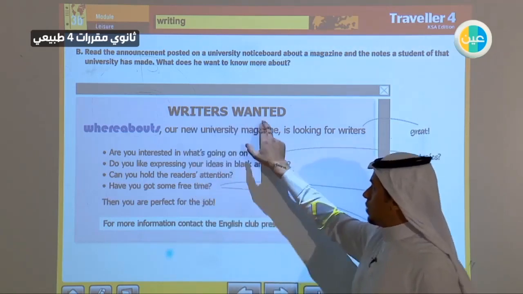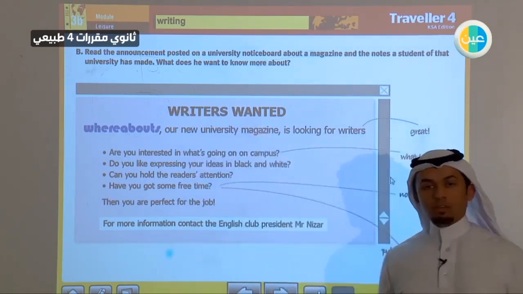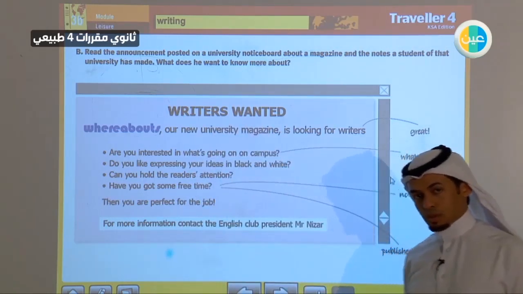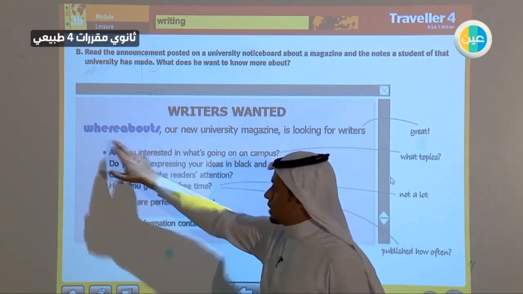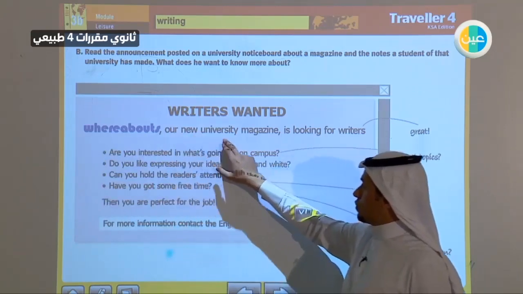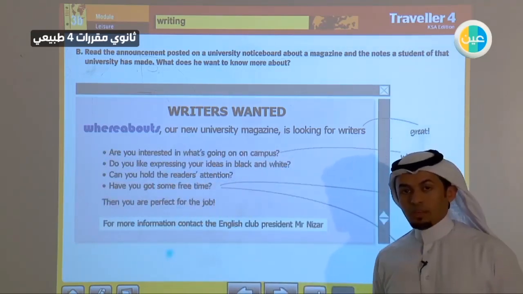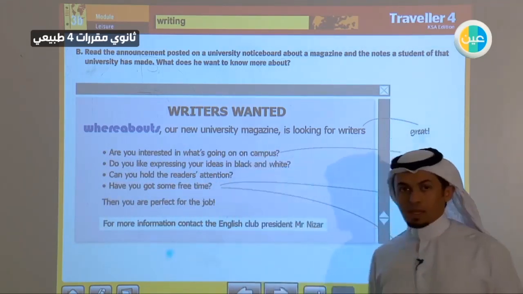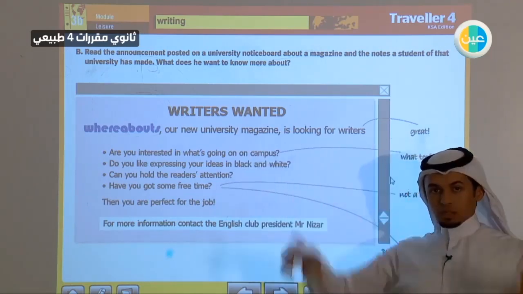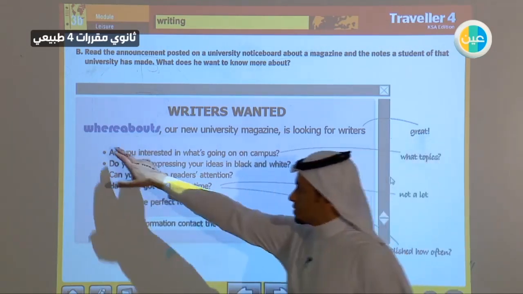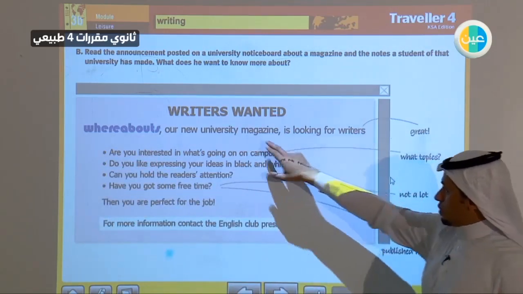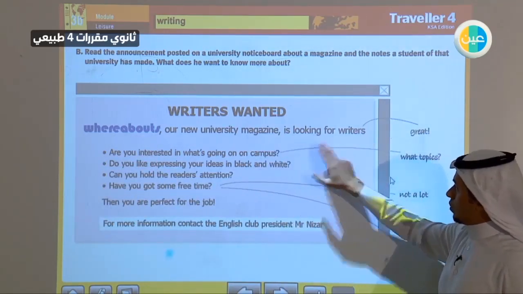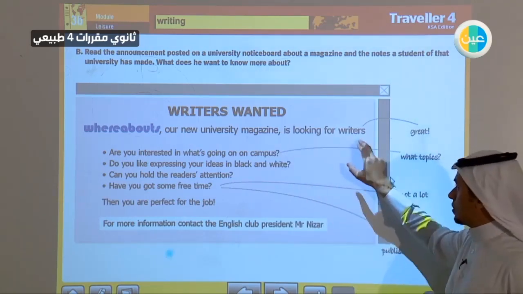Okay, "Writers wanted" is the title of the notice posted on the notice board. Whereabouts is our new university magazine. The name of the magazine is Whereabouts, and the magazine was searching for writers.